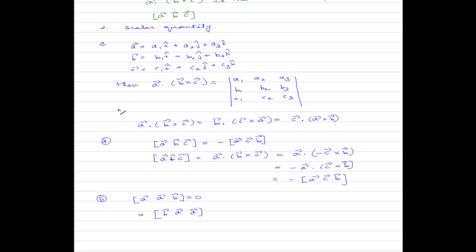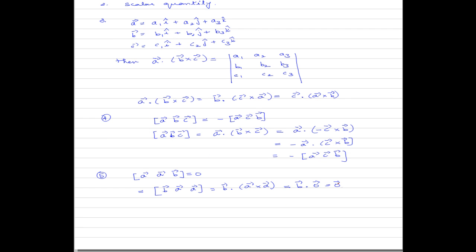So in the same way, AAB can be written as BAA. So this is actually equal to B vector dot A vector cross A vector, and cross product of the same vector is always 0. So this is B vector dot 0 vector, which is 0. So whenever two vectors are the same, the scalar triple product will become 0.